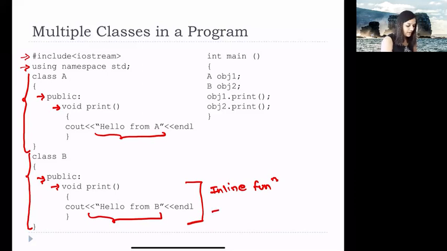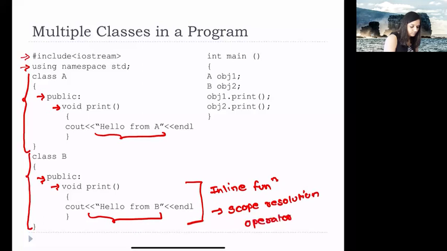That's why we have the scope resolution operator, which we use by this symbol. This should ring a bell. In most programs, we just declare things within the class, but we define those functions using the scope resolution operator later, outside after closing the class. But if it's just one line, then we can use it as an inline function, as you see over here, where we define what the function print does within the class itself.